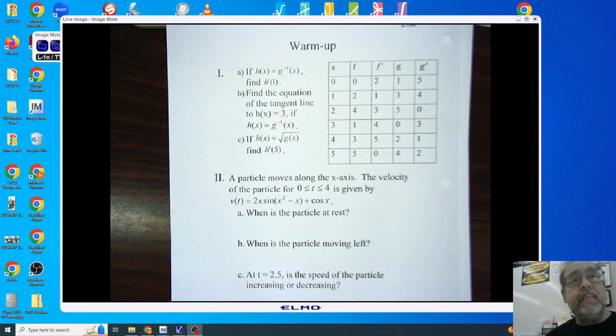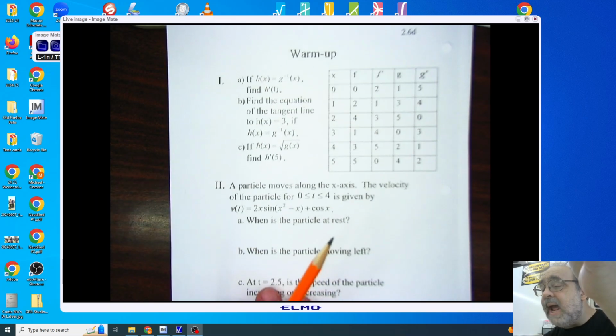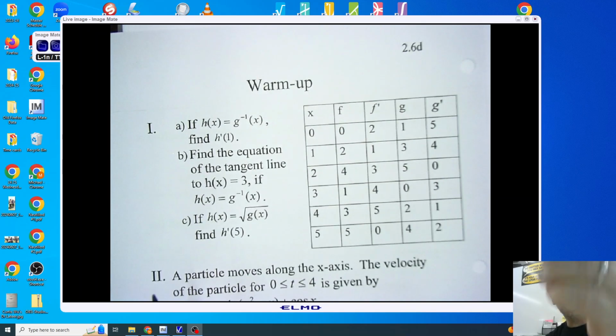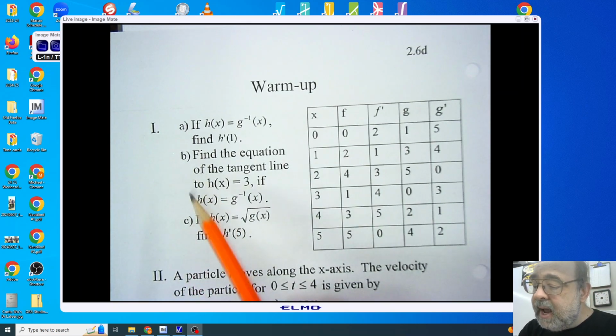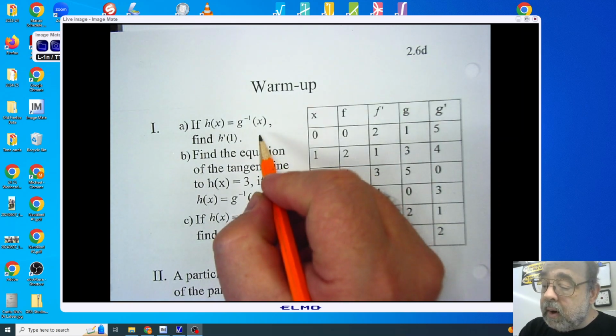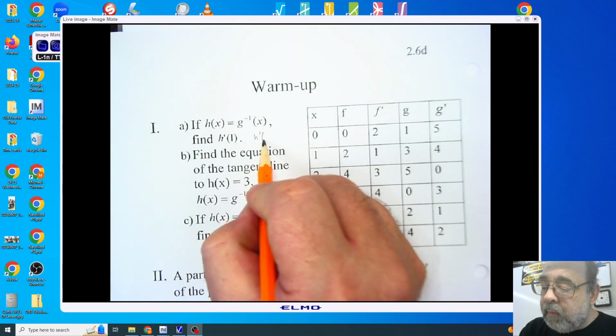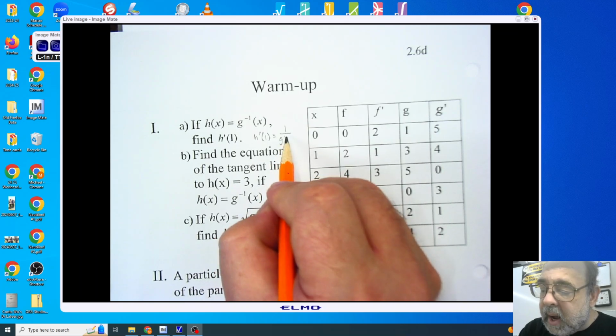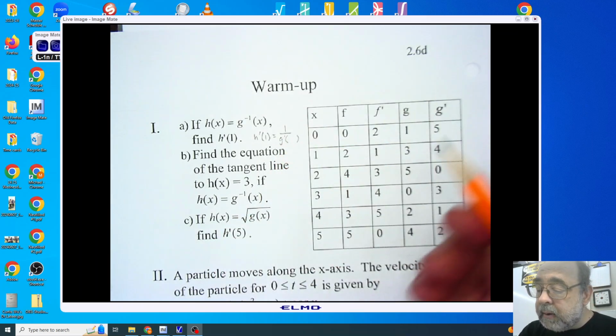I'm going to zoom in on this just so that we're looking at the table. We can clearly see it and the questions. The first thing I want to do is recognize they say that h and g are inverses, and we want h prime of 1. This is the inverse derivative rule. So h prime of 1 is going to be 1 over g prime of some value.